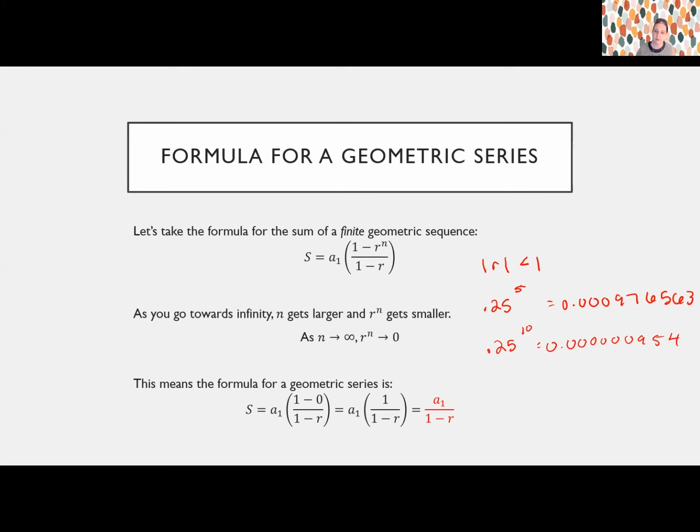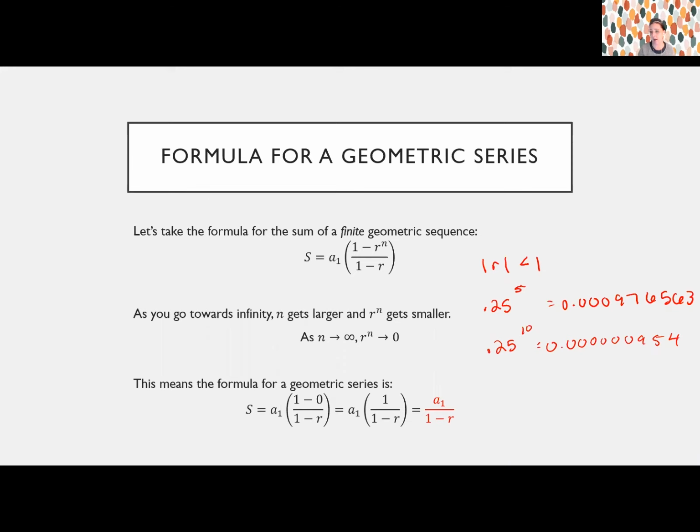So when you substitute R to the N with 0 in the formula, it just becomes 1 over 1 minus R. And then that gives us our formula for a geometric series, which is for infinite terms, A1 over 1 minus R. So it's very similar to the formula for the sum of a finite geometric sequence.